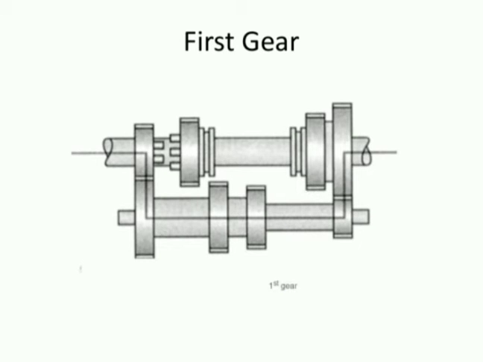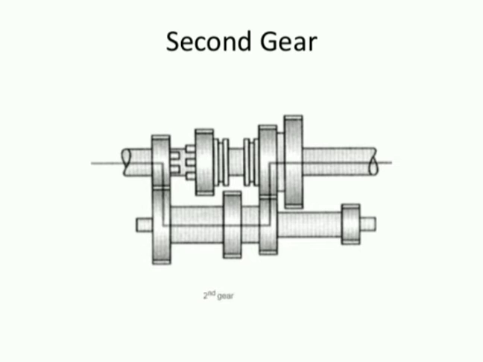It's the first gear ratio. This figure shows the transmission, and this figure shows the transmission of second gear.